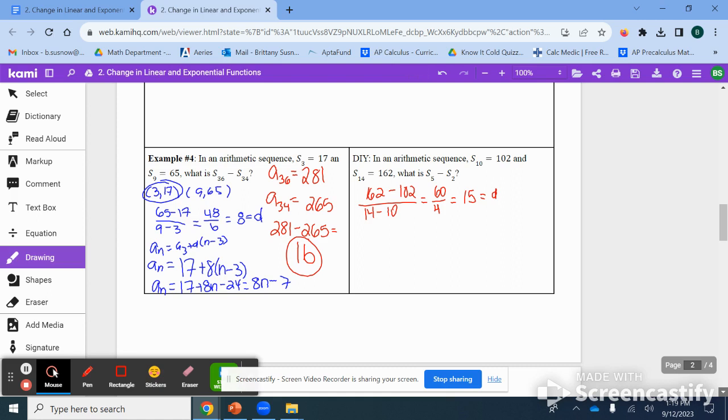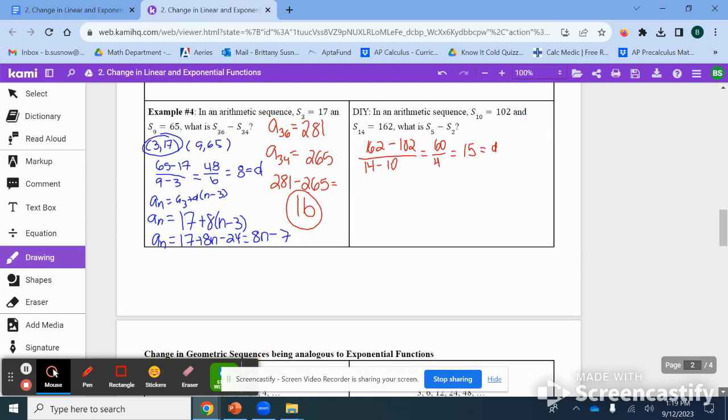So what's 5 minus 2? 3. What's 15 times 3? 45. That's your answer, 45. But if you're not sure, let's check ourselves, right? Then we do the whole equation, plug them in. So let's double check. Is it going to be 45? It is, right? Anyone that did it? Michael, did you do it already? It's 45. Thank you. So that's your fast way.